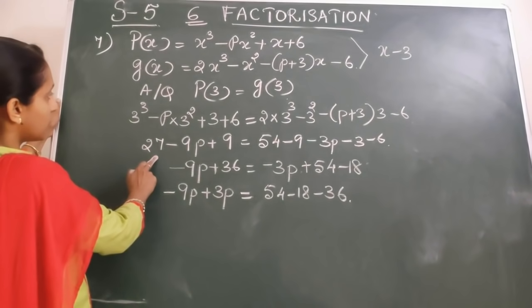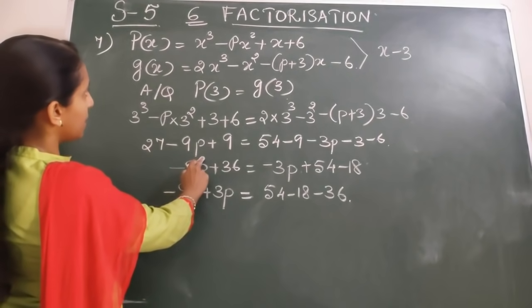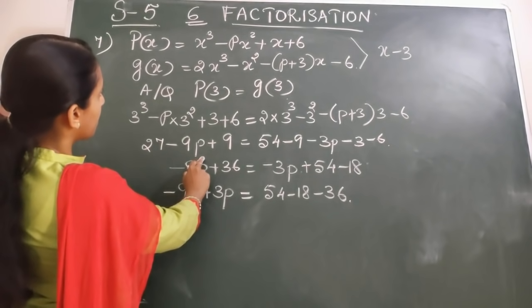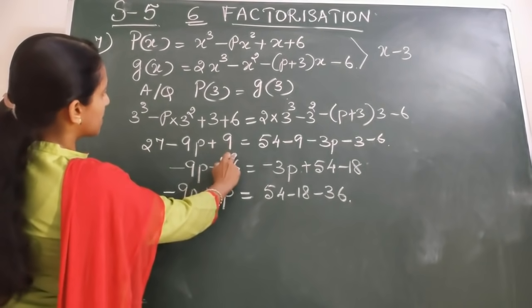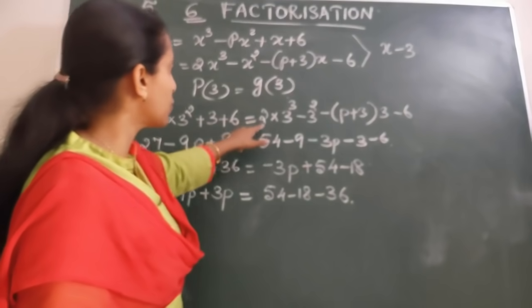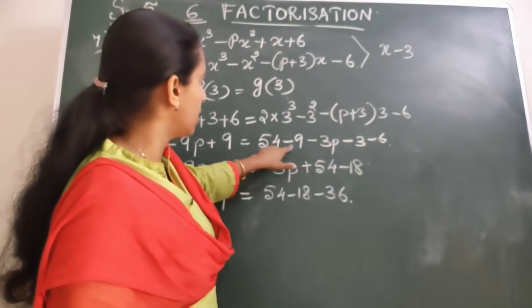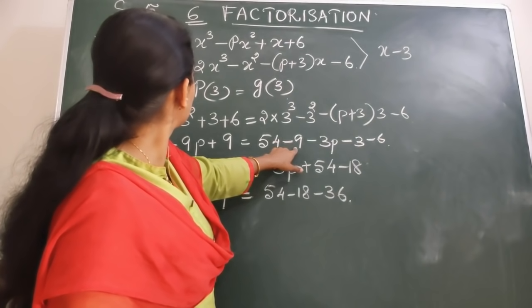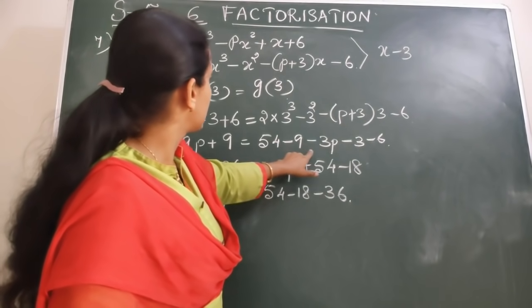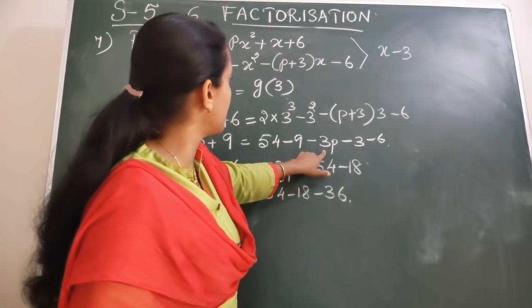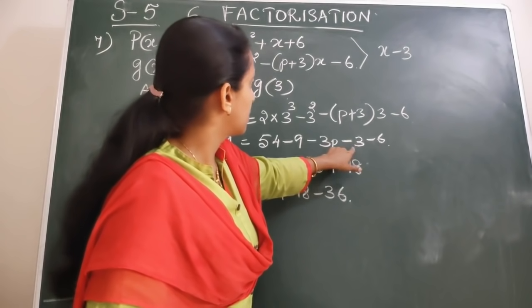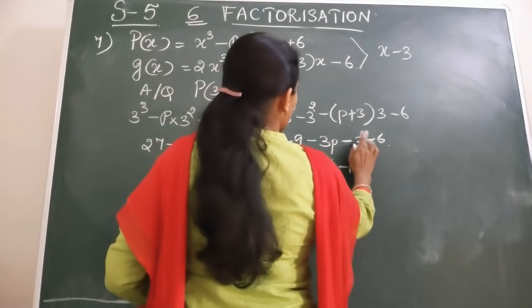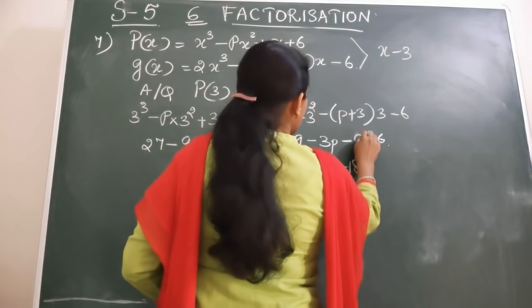So 3 cube 27 minus 9p plus 3 plus 6 plus 9. 27 into 2, 54 minus 9 minus 3p, 3 3s are 9. Sorry, this is the mistake done.